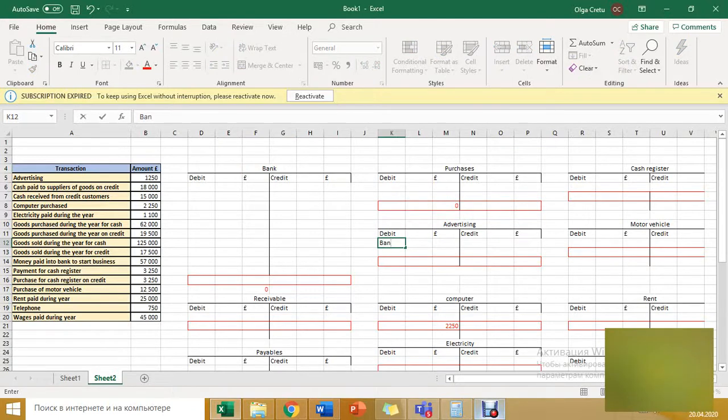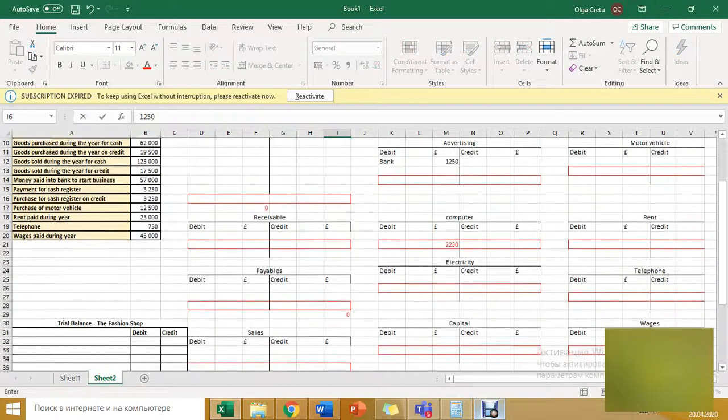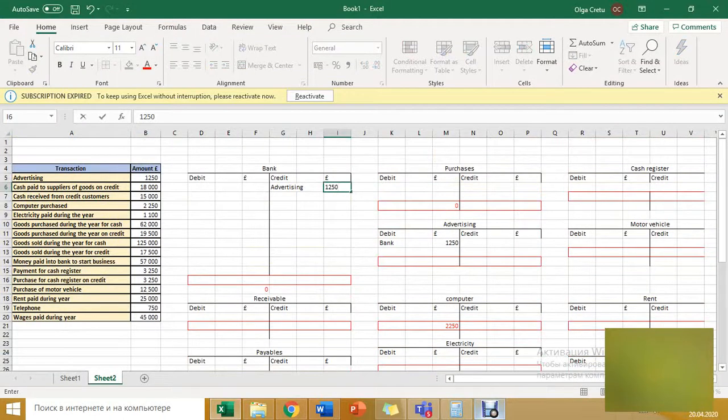So we have 1,250, and then because we are working with double entry, we are going to post under the credit under the bank account for advertising 1,250.